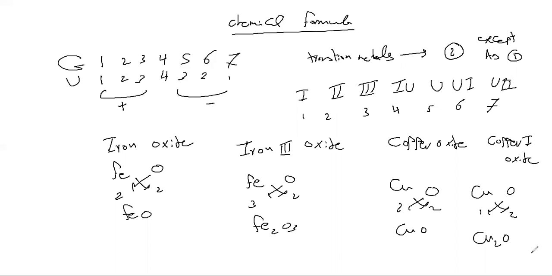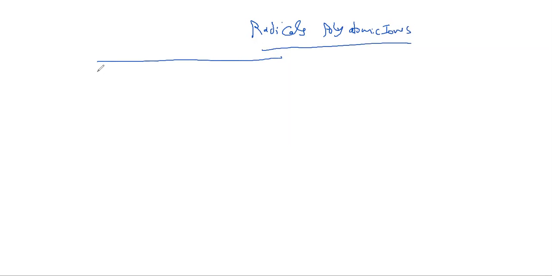After that, we said for radicals or polyatomic ions, you must know that for valency 1, we have OH negative, hydroxide, nitrate, nitrite, and ammonium.